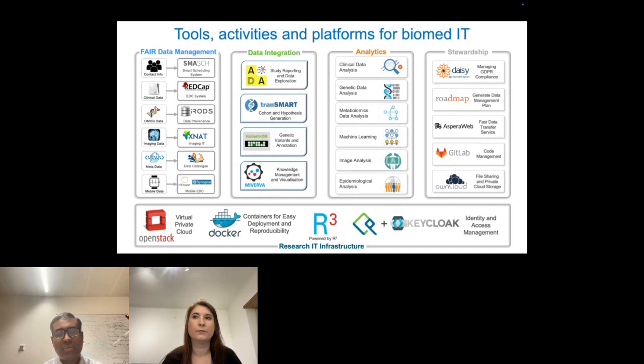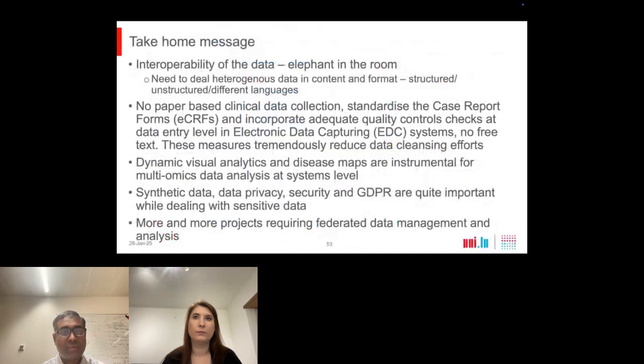Underneath, it is all maintained by our own virtual private cloud, with Keycloak for identity management, and so on. This development did not happen overnight; it took roughly 15 years to come to this stage.